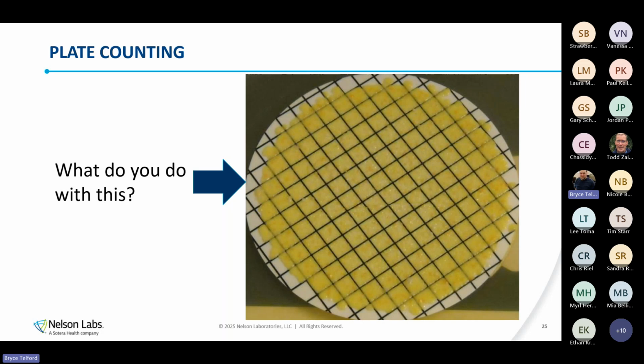So the answer to what do you do with this is we need to do more testing. One of the first things we can do, as we saw in the video, is try something such as an agar overlay to see if it's spreading and try to trap these organisms so they don't just spread across the filter. Microorganisms also like to follow debris, so if there's lots of debris on the filter, an agar overlay can sometimes help with that.